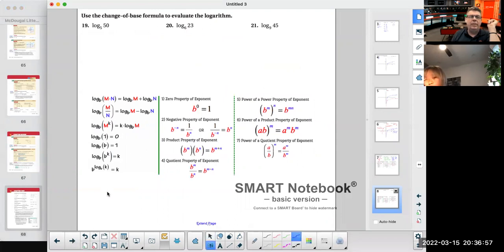So what change of base says is that log base A of B can be written as log base C of B over log base C of A. In other words, we can choose any new base that we want.